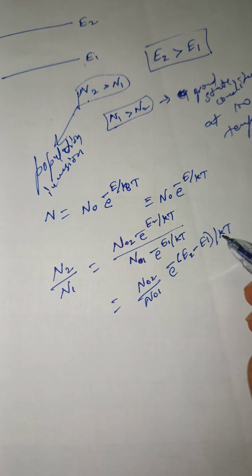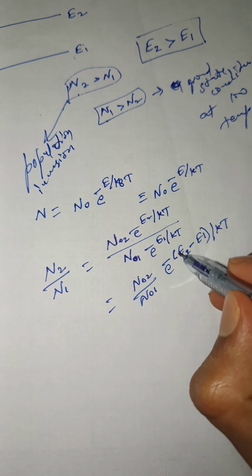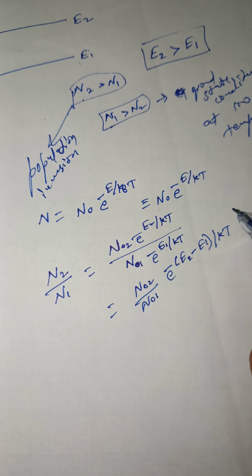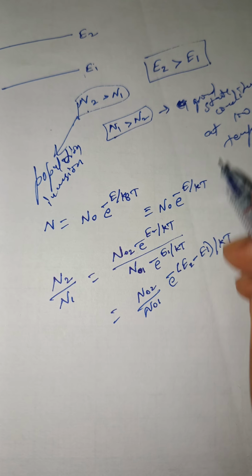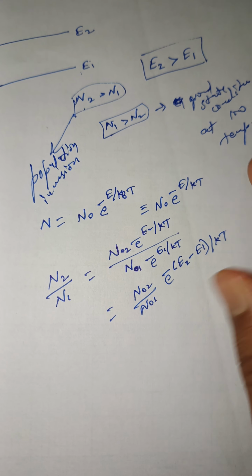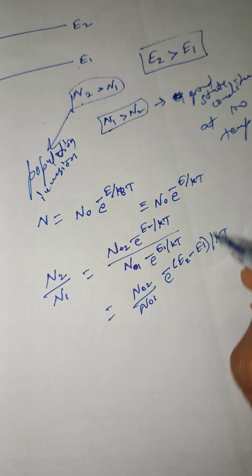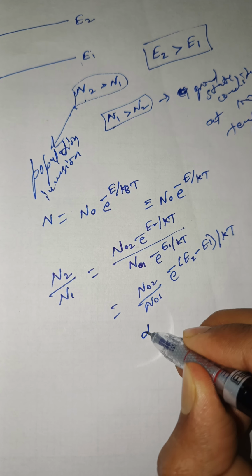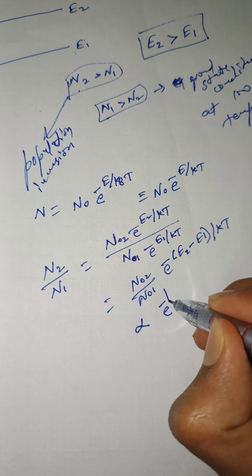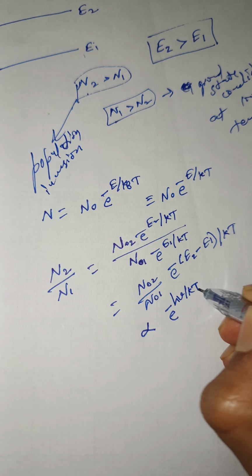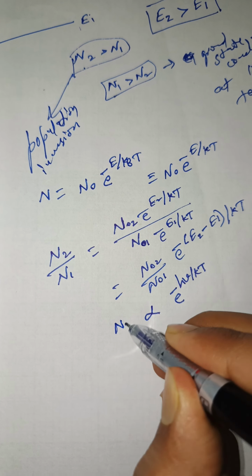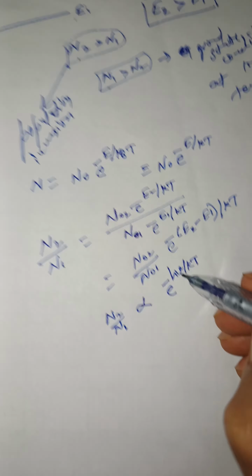So we get this expression. Now you see this term is a constant. E2 minus E1 has a constant value because the energy levels have specific values, like the ground state energy and excited state energy, they have fixed values. k is also fixed. So we can write it as proportional to e to the power minus h nu by kT. From here, this is the ratio that we want to determine.